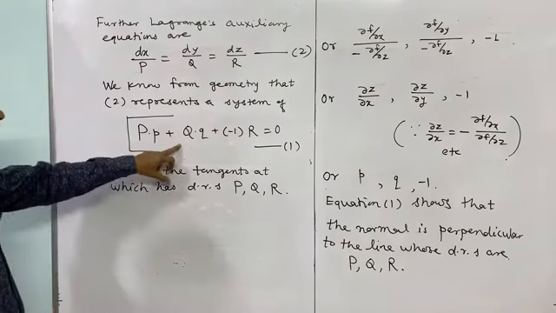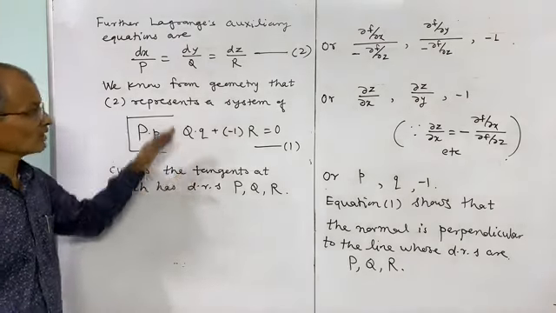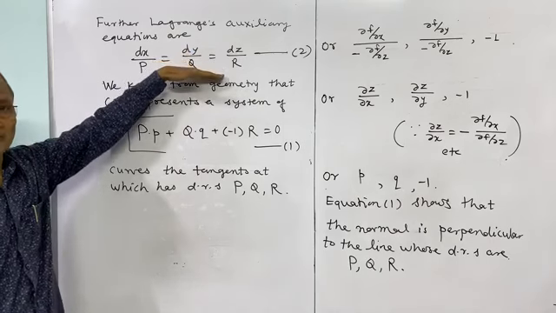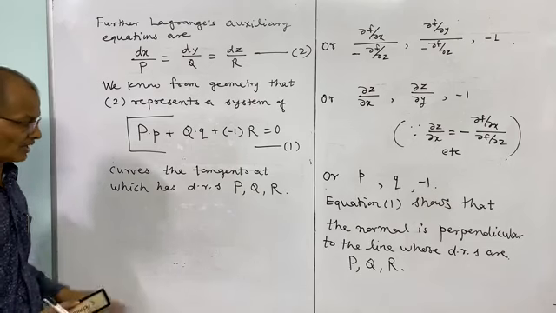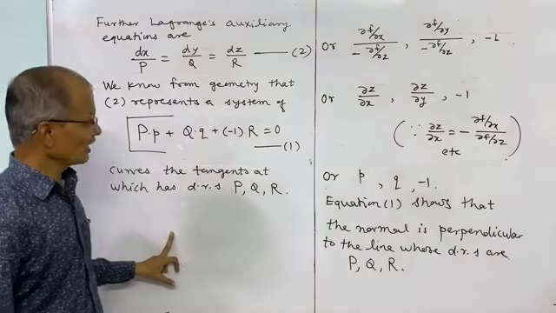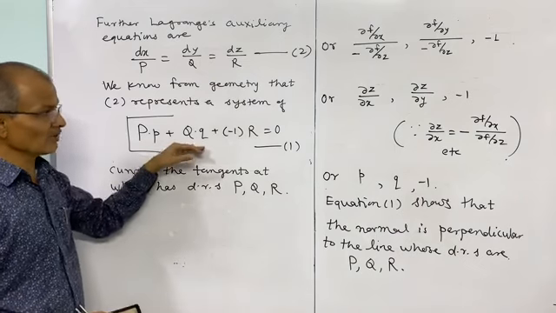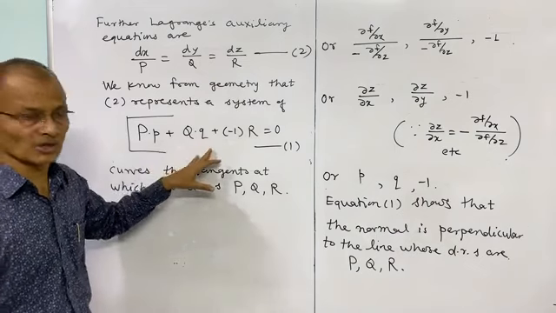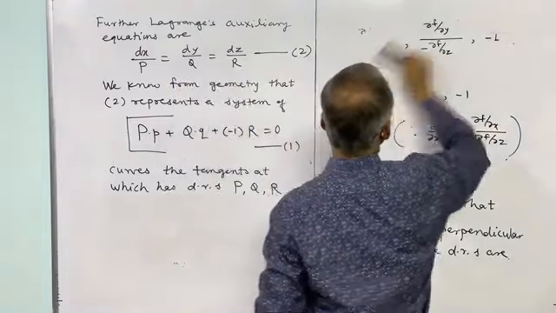And thus equation 2 will represent a system of curves, and its solutions can be written as u is equal to c1 and v is equal to c2. And again equation 1 will represent the solution. Now we have studied earlier the solution of equation 1.